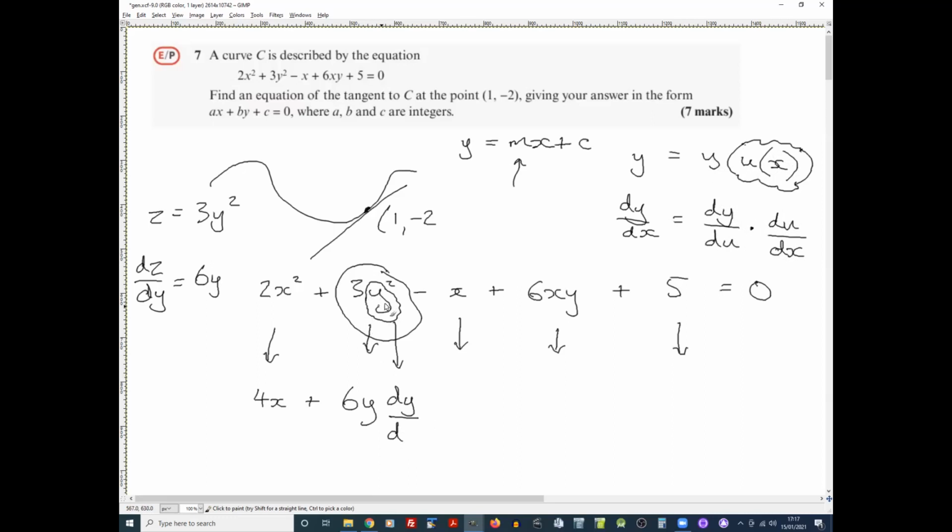Now, what's the inner function here? It's y. And what's the derivative of that with respect to x?